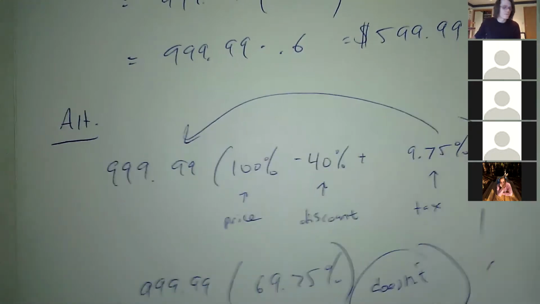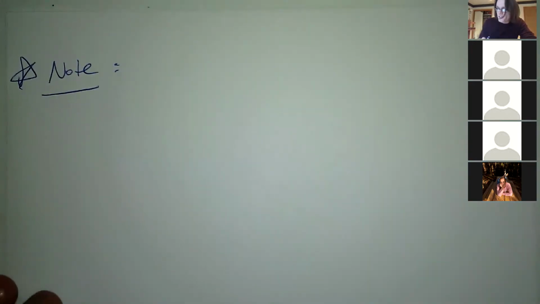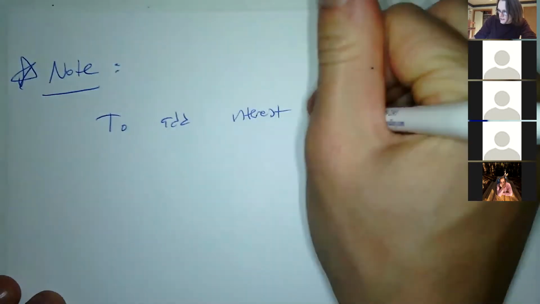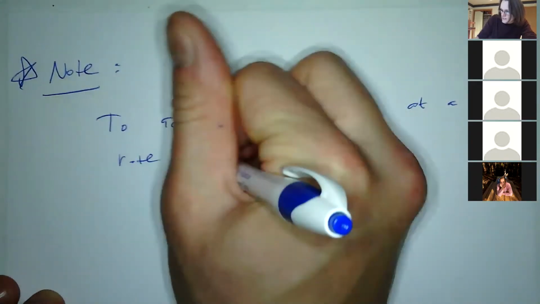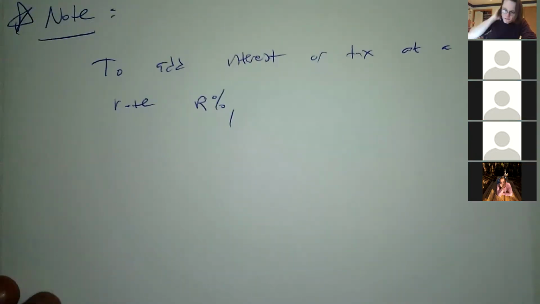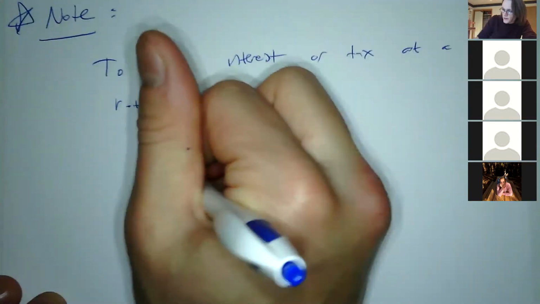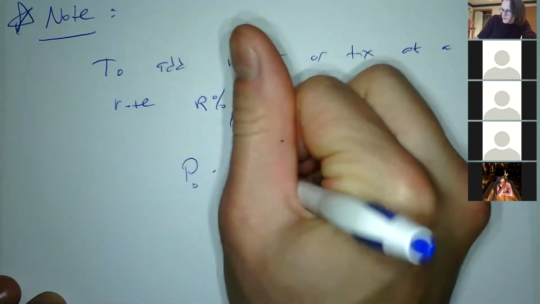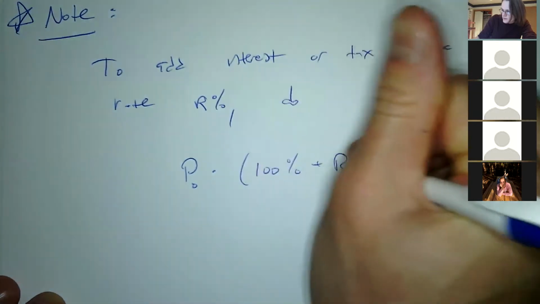All right. Oh yeah, before we end, we have like 10 minutes, but I won't go all the way to the end. If these last two examples are going to teach anything, this is what's important. To add interest or tax at a rate R, say capital R%, you can do P naught times (100% plus R%).